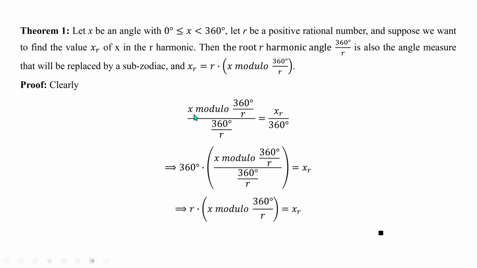Clearly, x modulo 360 degrees over r, all divided by 360 degrees over r, is equal to x sub r over 360 degrees. That's clear, right? Well, if it isn't clear, just go back and look at our example and you can see where things fit in. So up here we have x modulo 360 degrees over r.